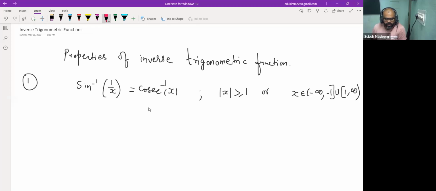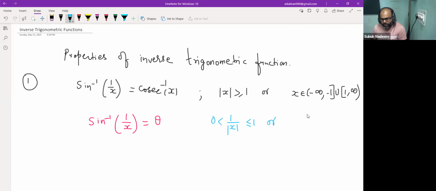So how does this happen? If you take sine inverse 1 by x as an angle theta, because 1 by x is a value and theta is an angle. Sine inverse is the inverse trigonometric function. And since mod x is greater than or equal to 1, 1 by mod x will be less than or equal to 1 and greater than 0.